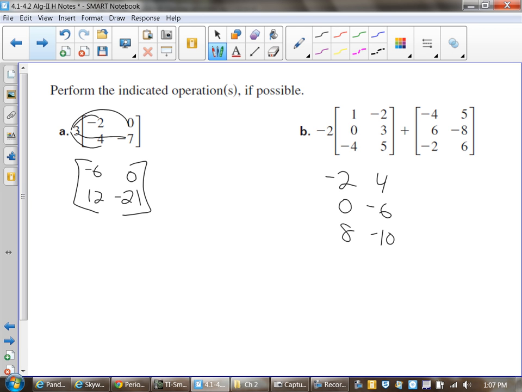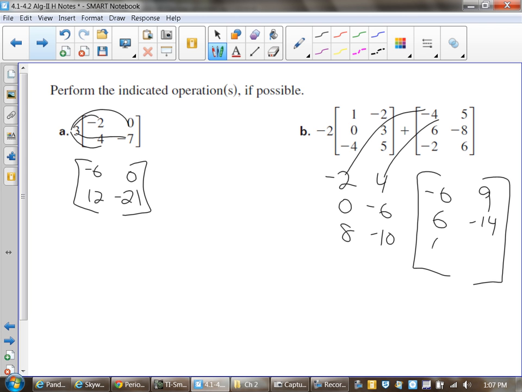And to that, you know you have to add them here and here and so on, right? So just do that. -2, -4, 4, 5. 0, 6, -6, -8, 8, -2, -10, 6. And there's my answer. You don't have to write down every step.